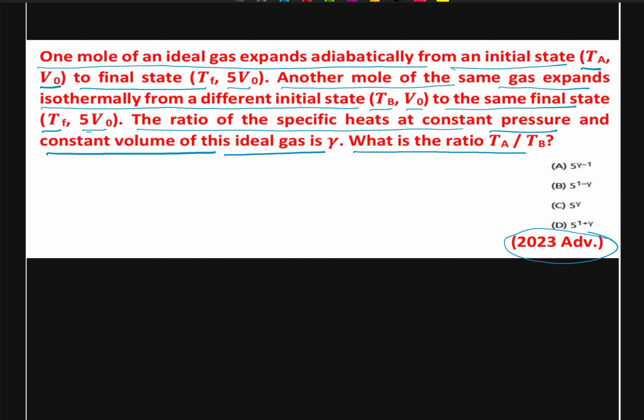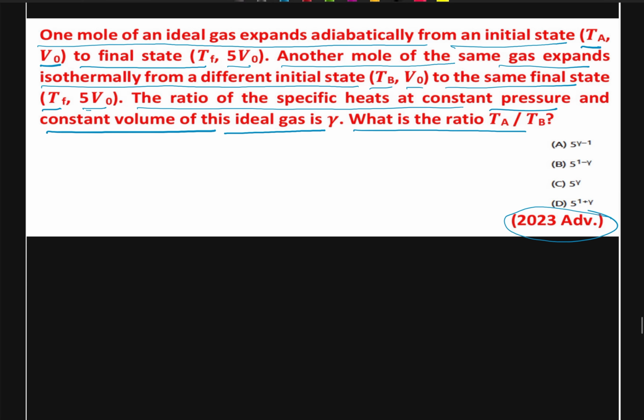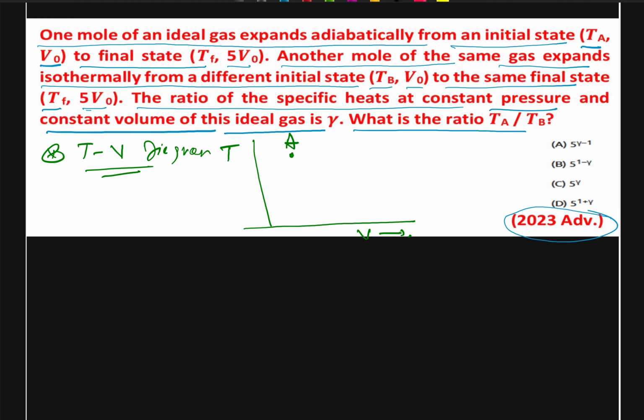So let us first of all draw our process diagram, which is basically our T-V diagram. We have temperature and volume, and it starts from A. Let us suppose this is our state A and it expands adiabatically to Tf.